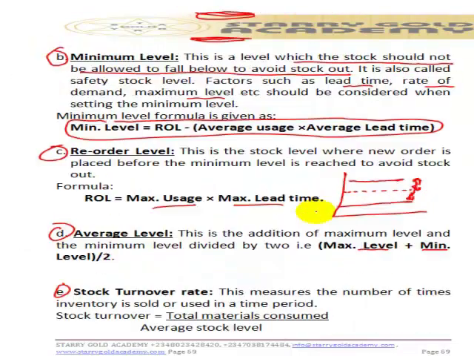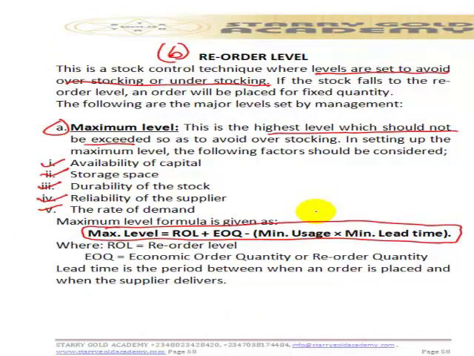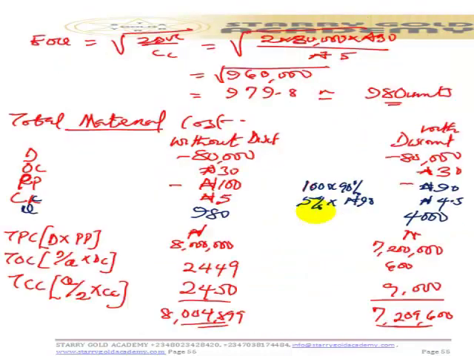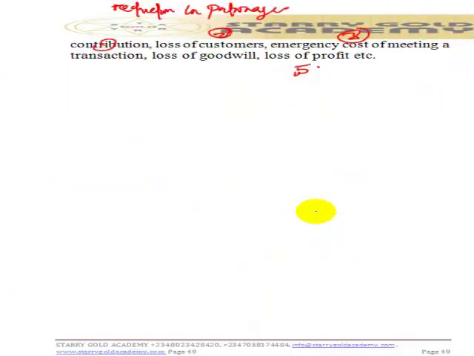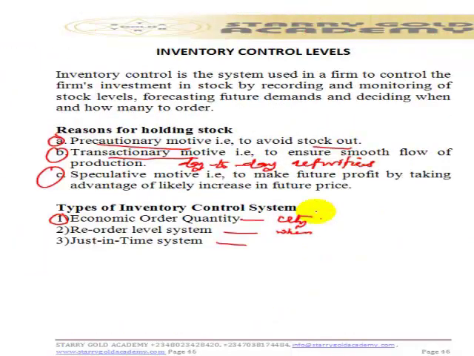So let's remind ourselves where we started from. We started with the discussion of the inventory control levels, and under inventory control levels, we have the economic order quantity, the reorder level system, and just in time.